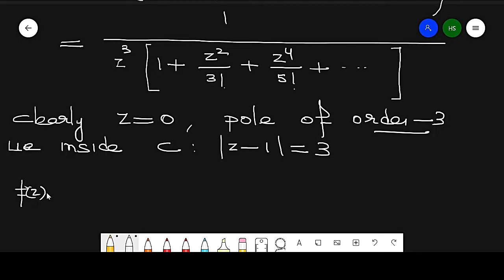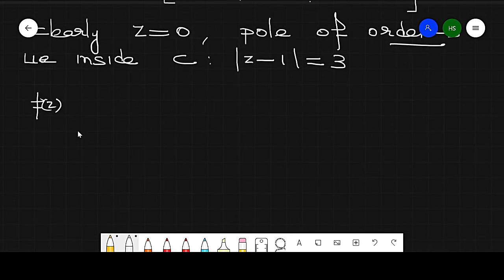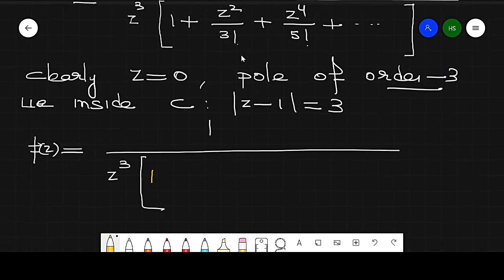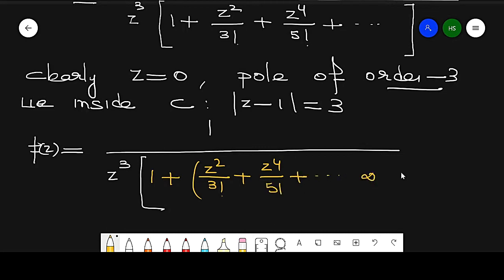The simple way is to use the series method, which is 1 over z cube, and in the bracket, 1 plus z square by 3 factorial plus z4 by 5 factorial plus and so on up to infinity, this series.